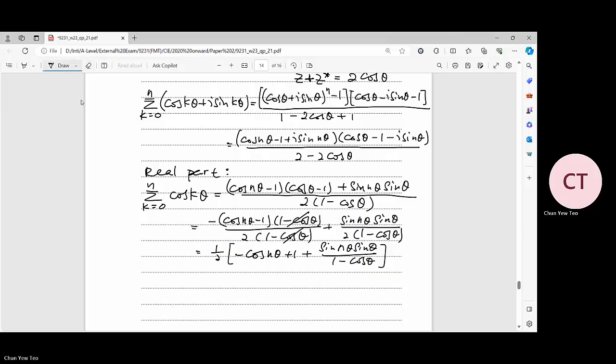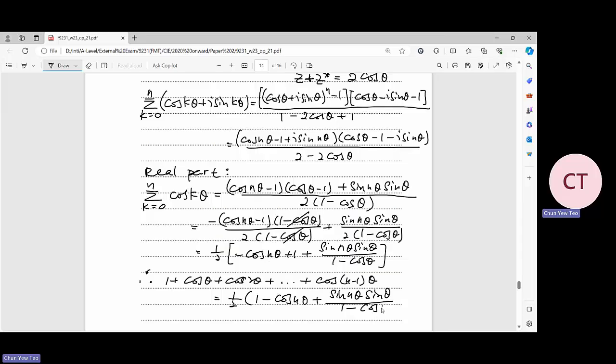Therefore, 1 plus cos theta plus cos 2 theta plus until cos (n minus 1) theta is equal to a half of 1 minus cos n theta plus sine n theta sine theta divided by 1 minus cos theta.